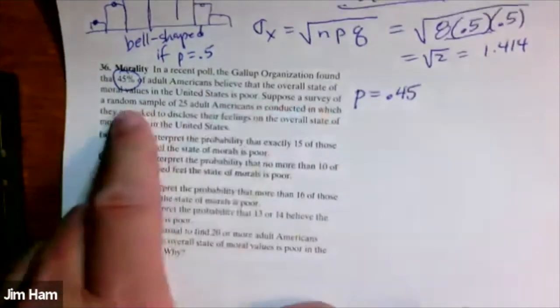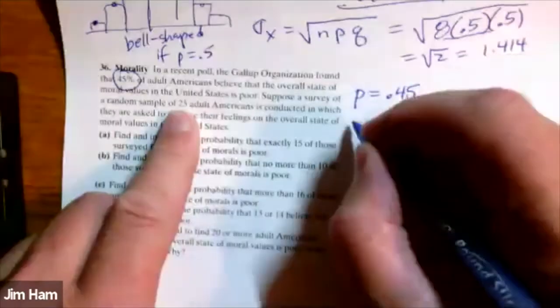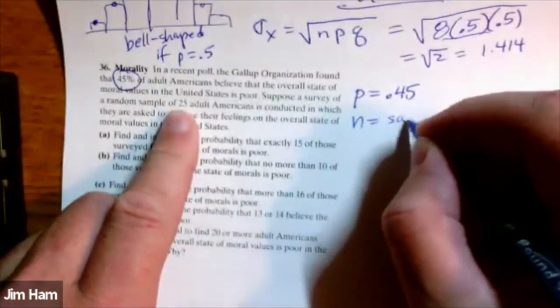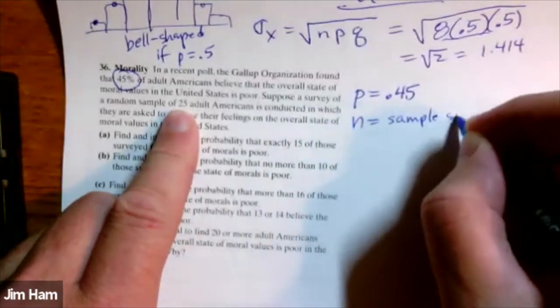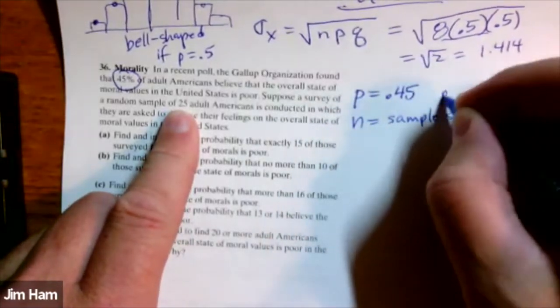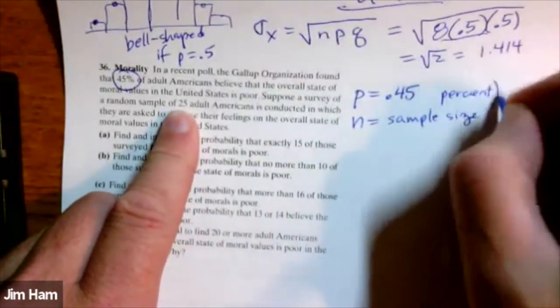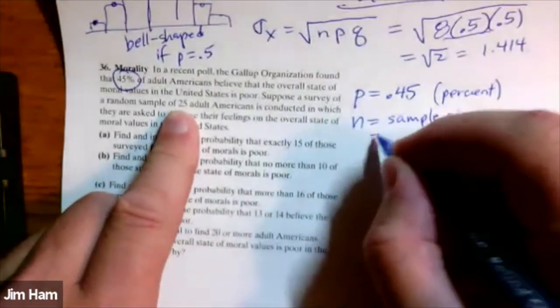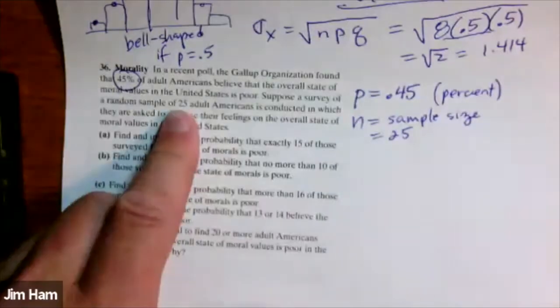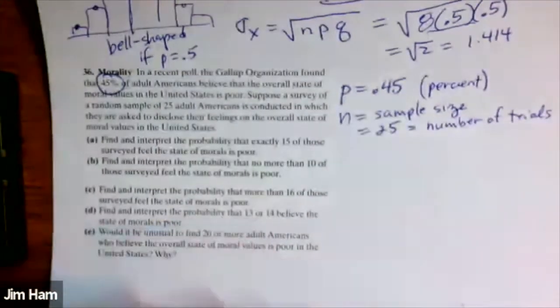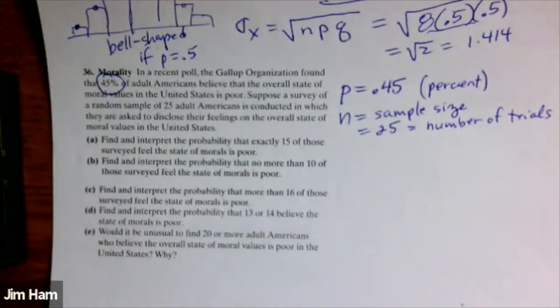Suppose a survey of a random sample of n. Now n in an empirical setting is going to be the sample size. Generally the percent in these problems will be the probability, and the sample size will be the number of trials. In a question like this, when you ask some Americans if they think that the overall state of moral values is poor, then that is treated as a success.